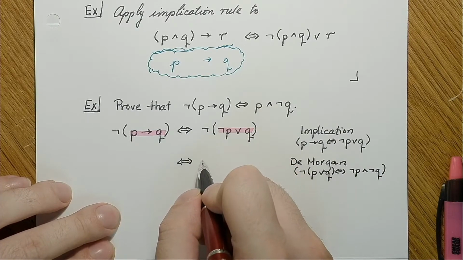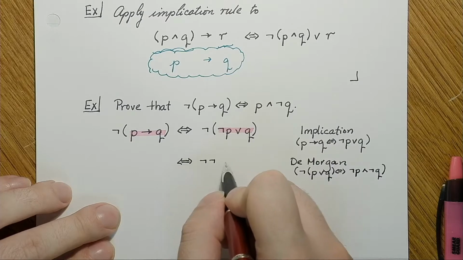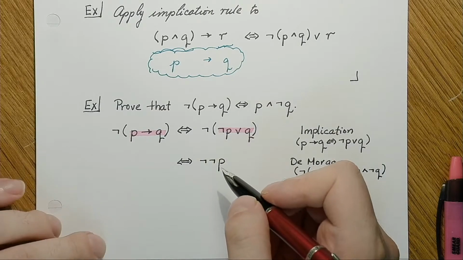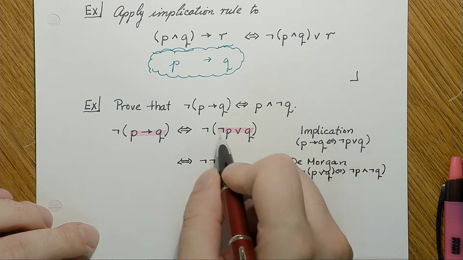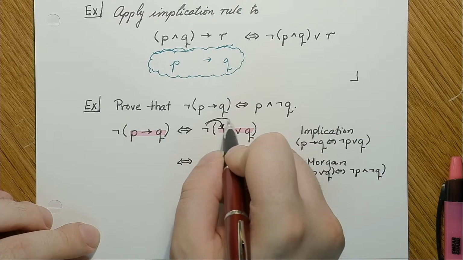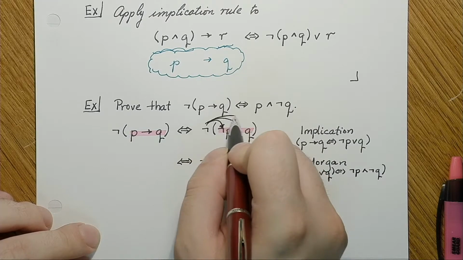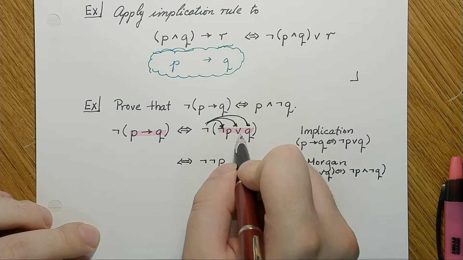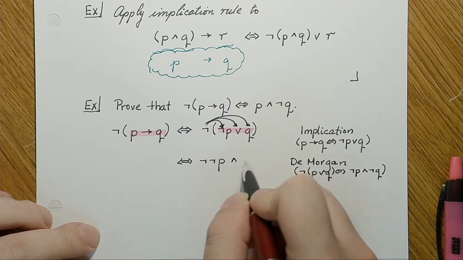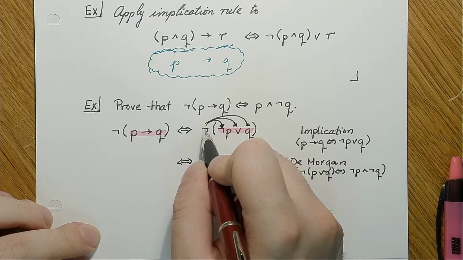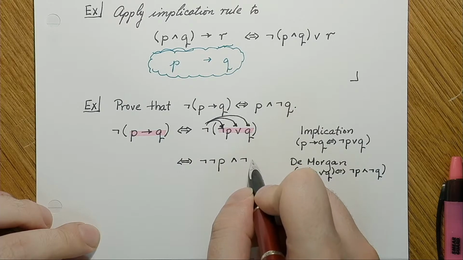So I get not P, the negation applied to the or becomes an and, then I have the negation applied to the Q, so it becomes not Q.